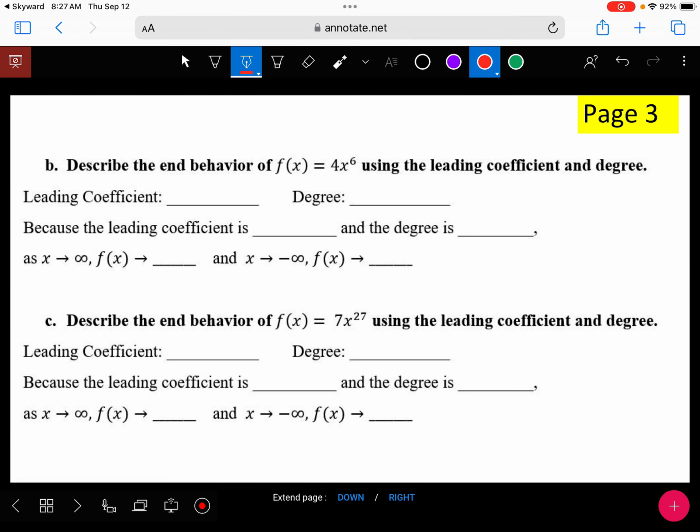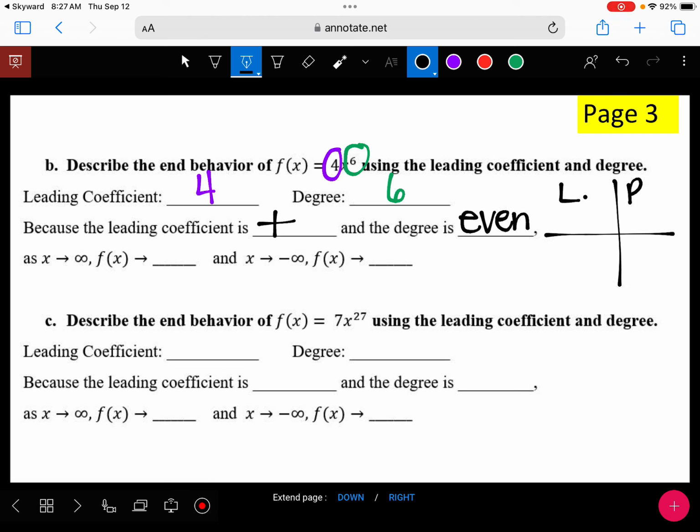All right, let's look at question B. The leading coefficient is 4. My degree is 6. 4 is a positive number, and 6 is even. Good. So let's talk about it. Exactly. Here, because this is positive, the right side is going to go up.